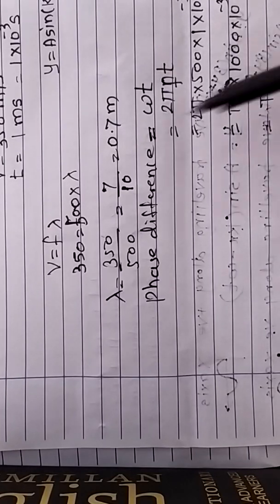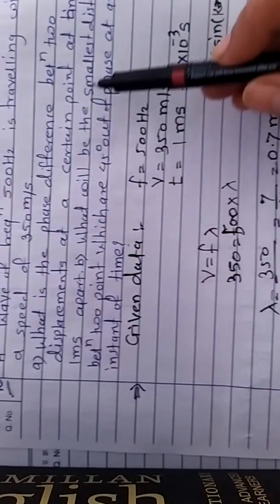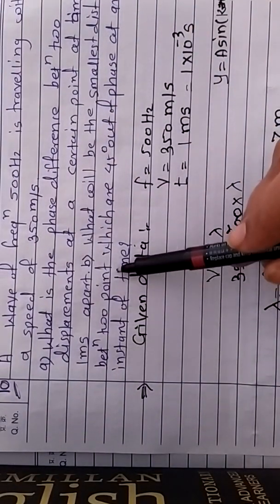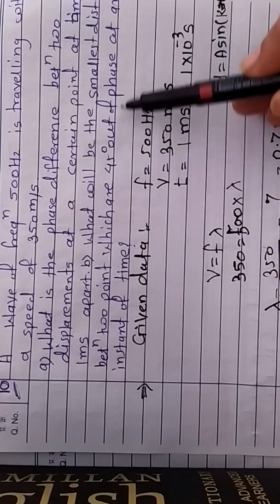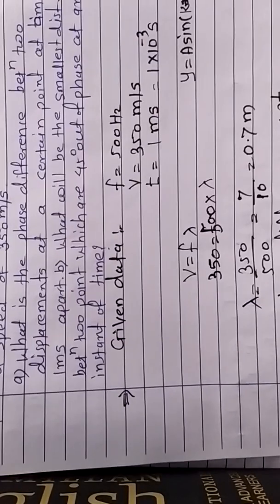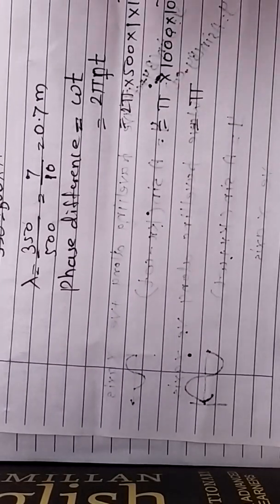Then, for the second part of that problem, what will be the smallest distance between 2 points which are 45 degrees out of phase at an instant of time? Means the smallest distance; in that equation, the x variable arises in that term.